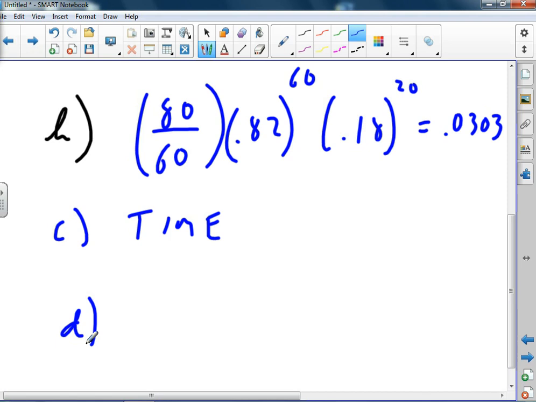They would rather use the normal approximation, because it's less calculations. All right. Next problem.